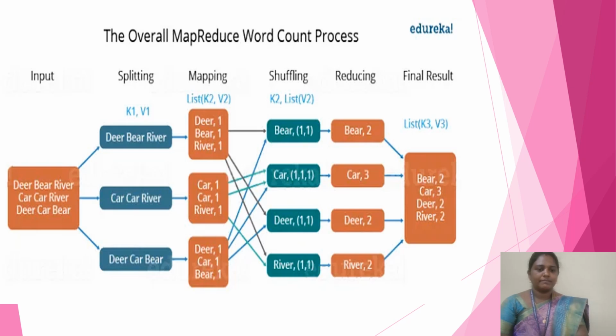After splitting, the data will be mapped by applying the list, K2 and V2. Similar types of data are segregated after the data is shuffled. Then the shuffled data will be reduced. The final output is the similar data reduced together. So this is the MapReduce programming model.